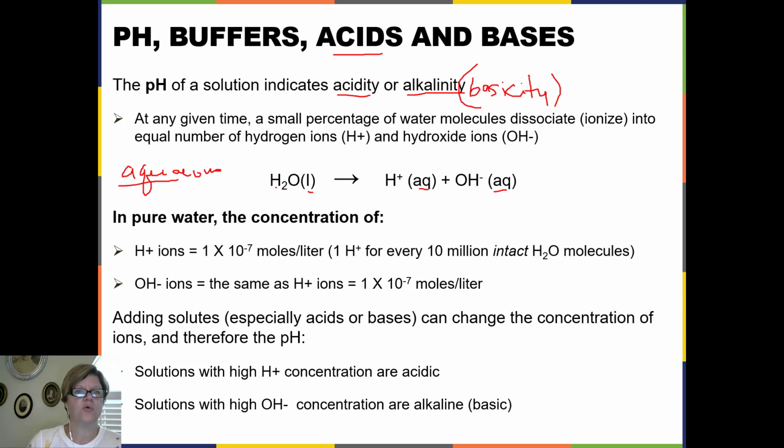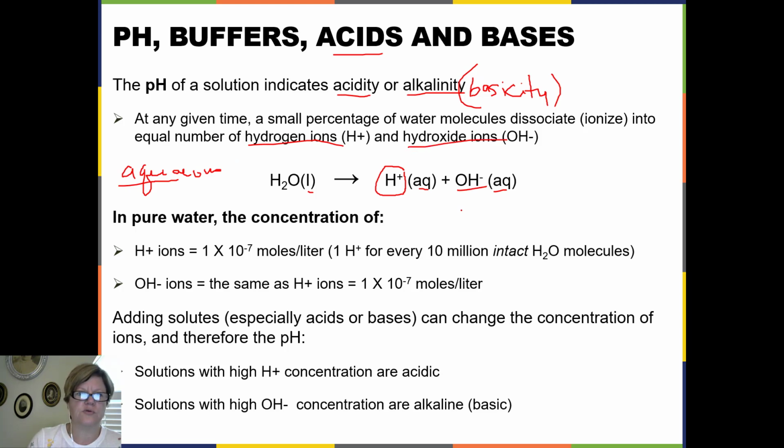Now, the water molecule itself can break apart. Now, this is not something that happens very much. A teeny bit of water will break apart. So in any drop of water you get from your faucet, there will be a tiny proportion of the water molecules that will break apart, and what that causes is the formation of hydrogen ion and hydroxide ion.